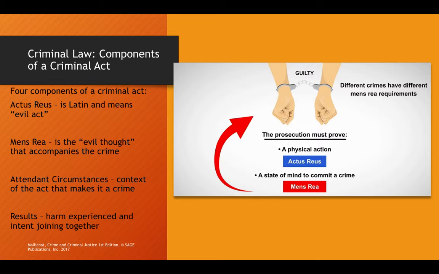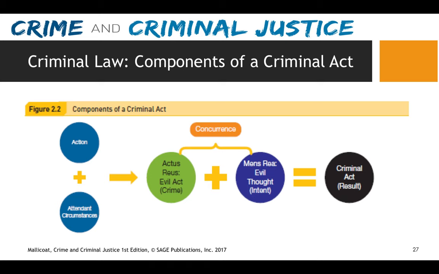And the result of actus reus, mens rea, and the attendant circumstances is that a crime will be committed, as you see here. So you have the action and the attendant circumstances, which lead to the actus reus and the mens rea, which is a concurrence together, right? When they're together, it's considered concurrence, which results in a criminal act. And this is seen on page 32.